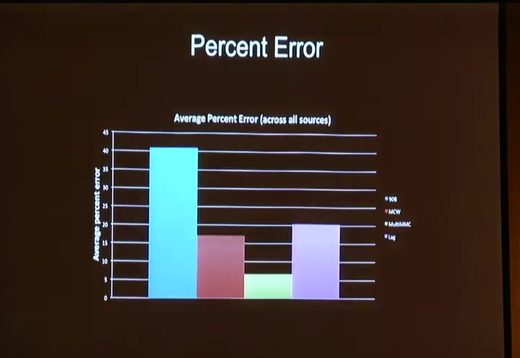Okay, if I make a summary of these results, there are a lot of graphs, but we see that the 90B estimates that are currently in the standard can have approximately a 40% deviation compared to the actual entropy.